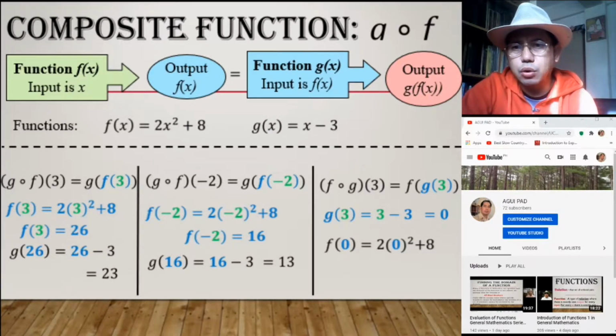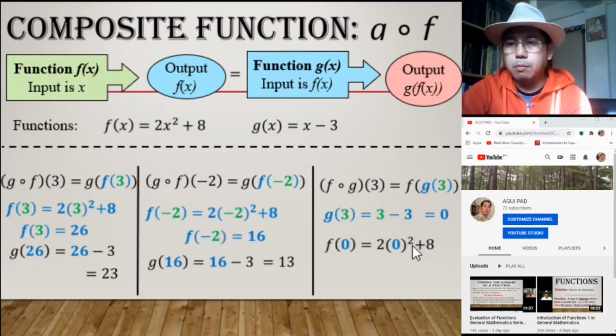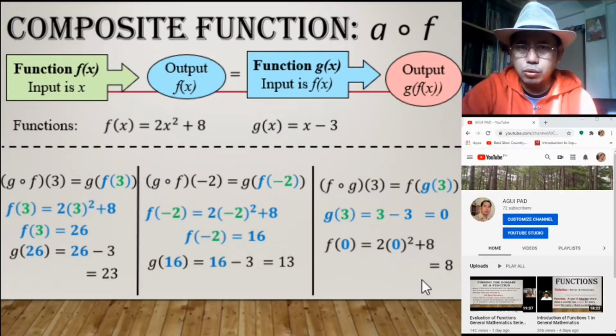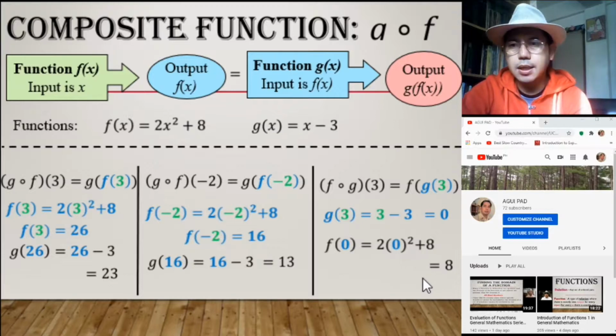The second function is f of x is equal to 2x raised to 2 plus 8. So make use of the 0 to evaluate this function. So we have now f of 0 is equal to 2 multiplied by 0 raised to 2 plus 8. What would be the result? Of course, that is the same as 8.